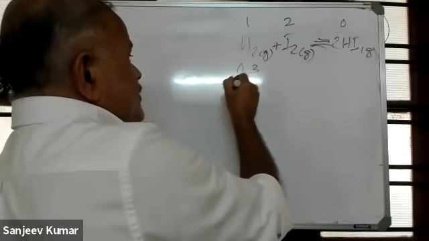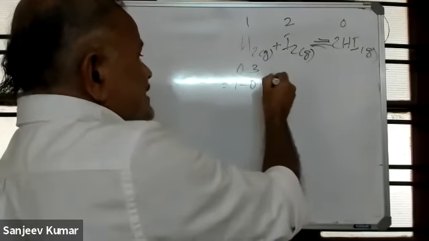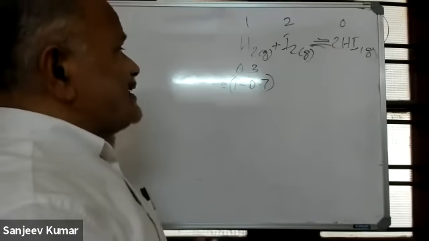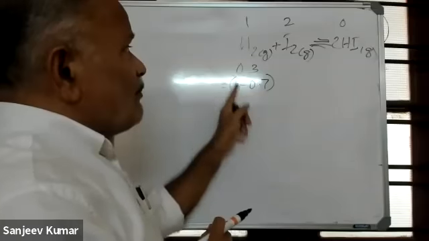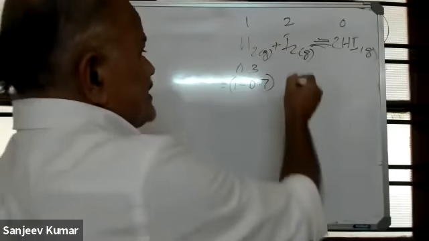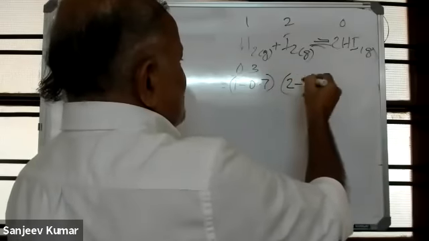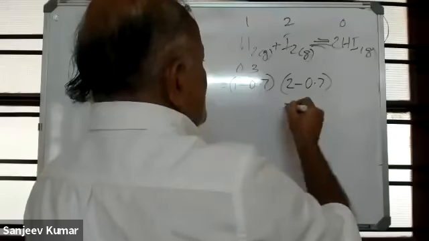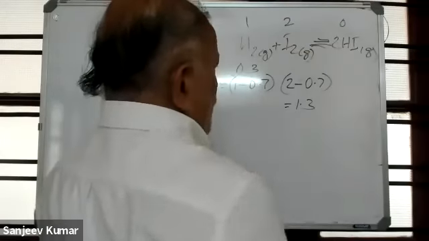That is 0.3 is equal to 1 minus 0.7. How many moles of hydrogen reacted? 0.7 mole. 0.7 mole of hydrogen will react with 0.7 mole of iodine. Therefore, the equilibrium concentration of iodine will be 2 minus 0.7, equal to 1.3 mole.